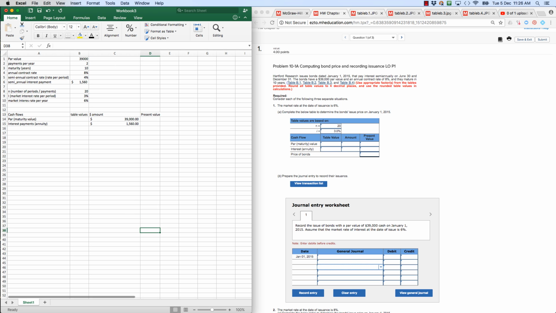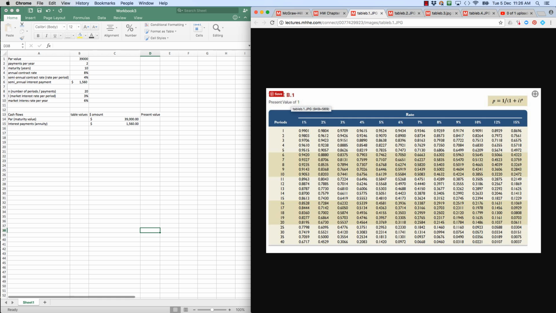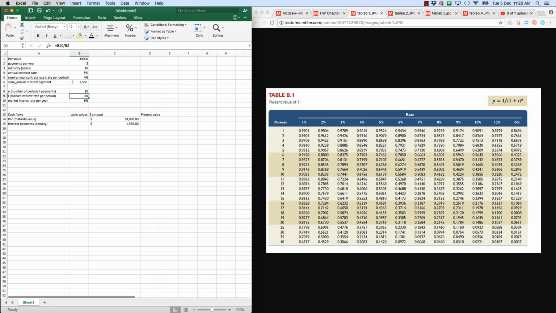We'll go first to the one of the present value of $1. So our periods refers to N, and our rate refers to I. So we've got an I of 3 and an N of 20. So we go over to our I of 3 column, and we go down to our N of 20, and we get this number 0.5537.